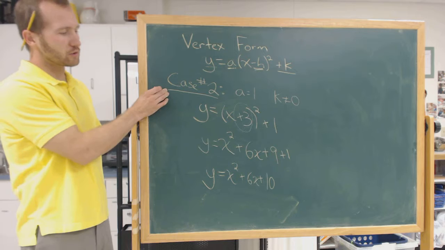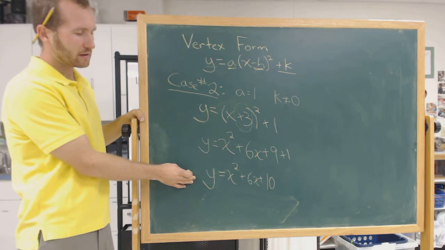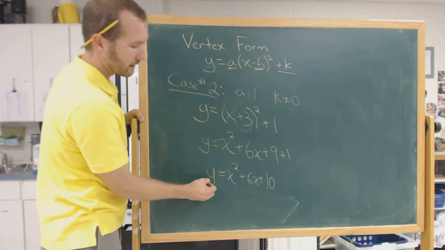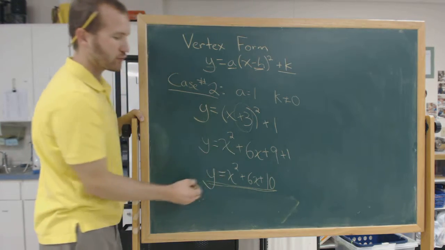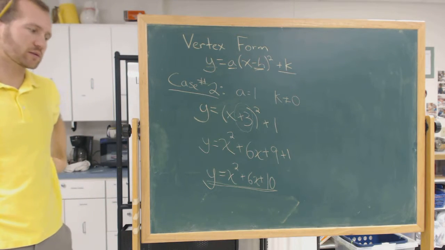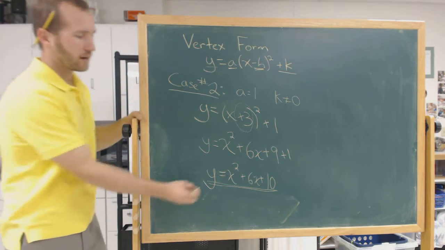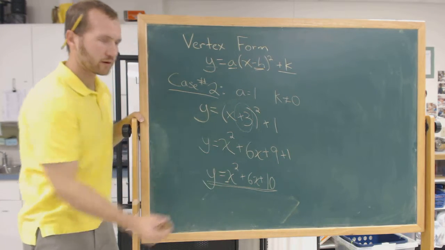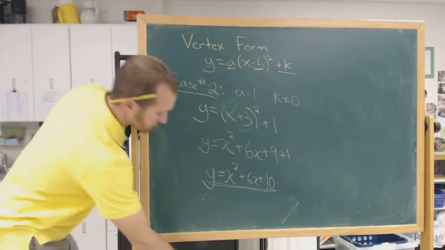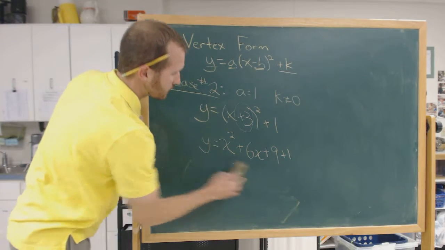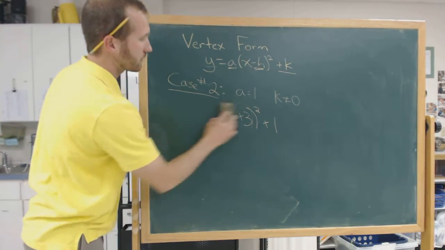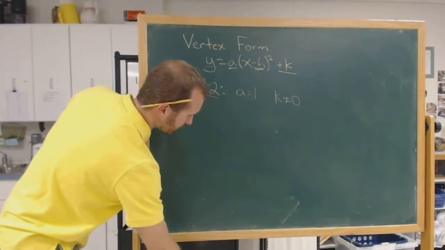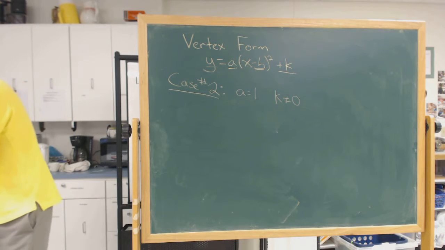So for case 2, the standard form is going to look like any parabola that's not a perfect square, but it does not have an a out front here. Okay, so let's choose one to do, and we'll convert this time from standard form to vertex form.